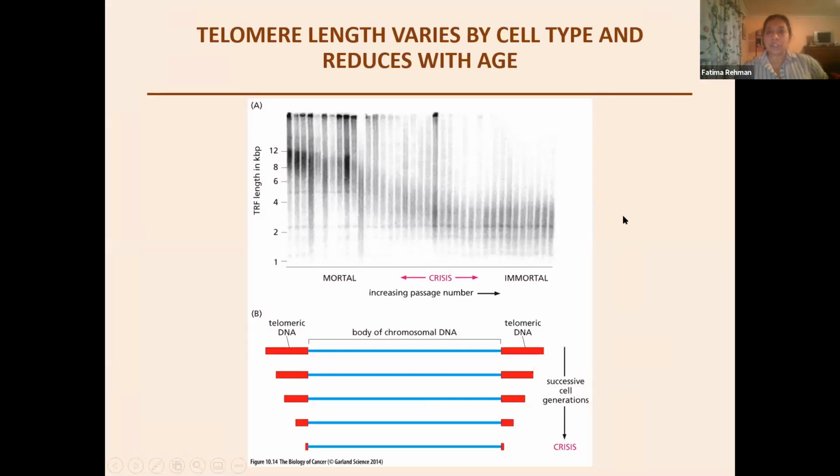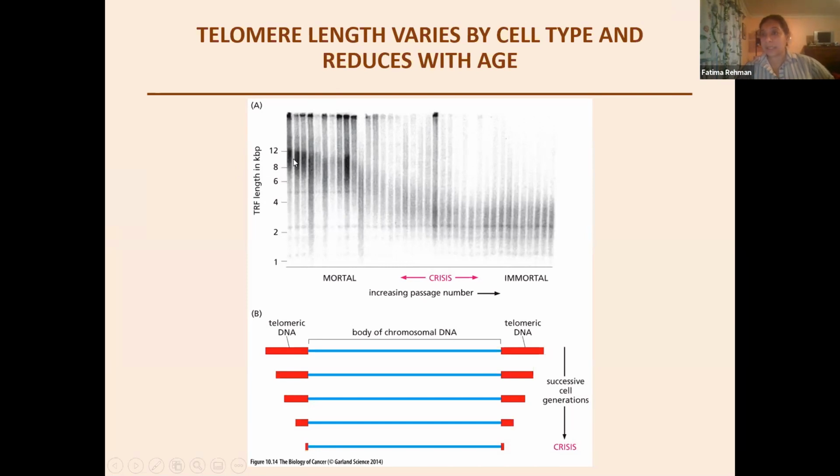So this actually shows you how telomere lengths vary not only by cell type, but also with age. So if you look at most mortal cell lines, you will see that they have a particular size of telomere and that it reduces with age as you become older and older.